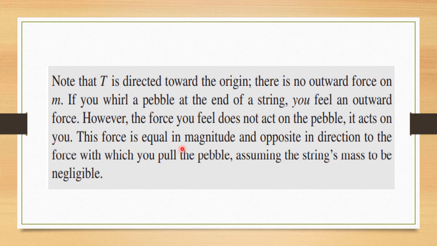This force is equal in magnitude and opposite in direction to the force with which you pull the pebble. Assume that the string's mass is negligible. So there will always be an equal and opposite force existing along with this, and that is the force which we feel in the outward direction.